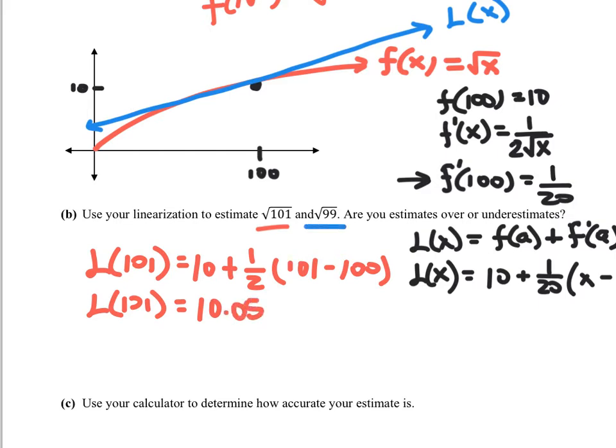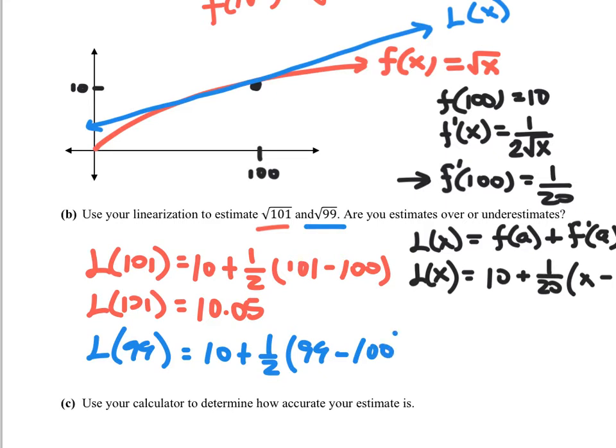Okay, same thing here. If I want an approximation of 99, I take 10 plus 1/20 times 99 minus 100. So that comes out to be approximately, I think, 9.95.